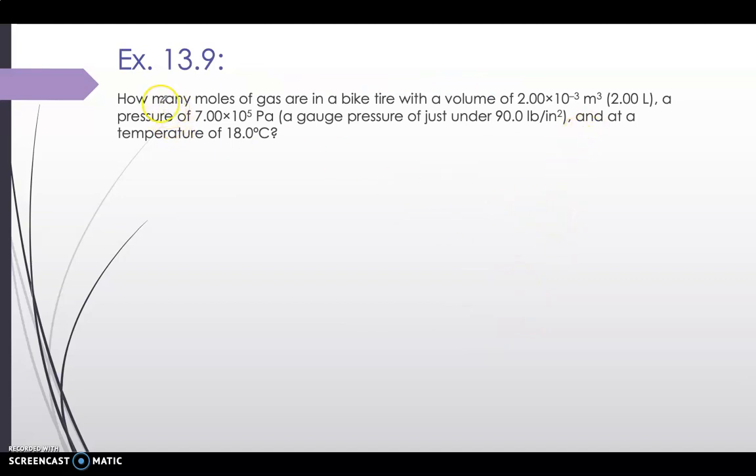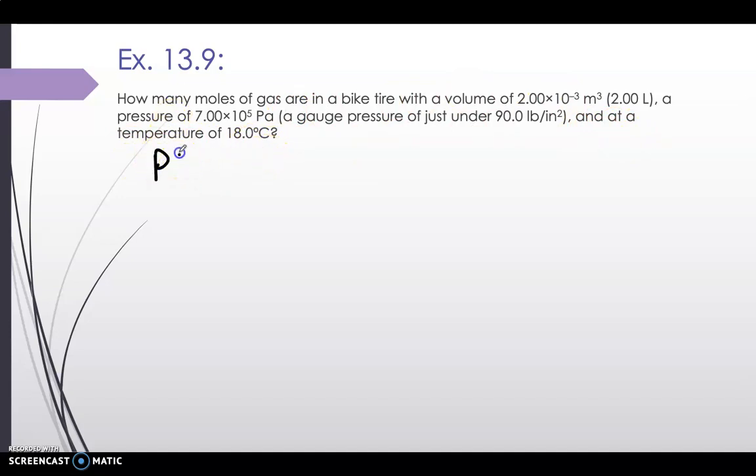Example 13.9 states how many moles of gas are in a bike tire with a volume of 2 times 10 to the negative 3 meters cubed, or 2 liters, a pressure of 7 times 10 to the 5th pascals, and a temperature of 18 degrees Celsius.